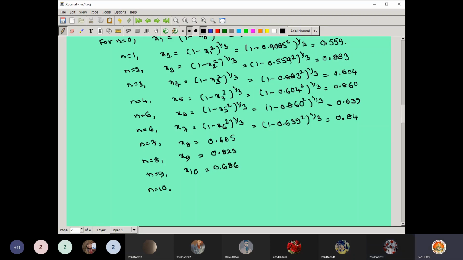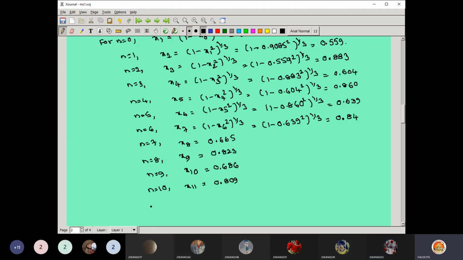Next n equal to 10, so that x11. Maybe this is 0.8 something. 0.809.